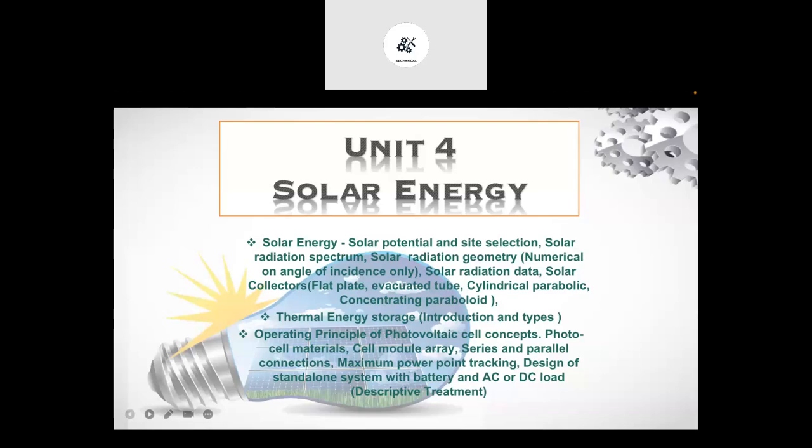Then solar radiation data. Before planning to set up any solar PV plant or solar thermal plant, we have to study the solar radiation data available for that particular location all around the year, because as we know the capital cost of a solar power plant is very high, and we have to absorb most of the energy which is available.